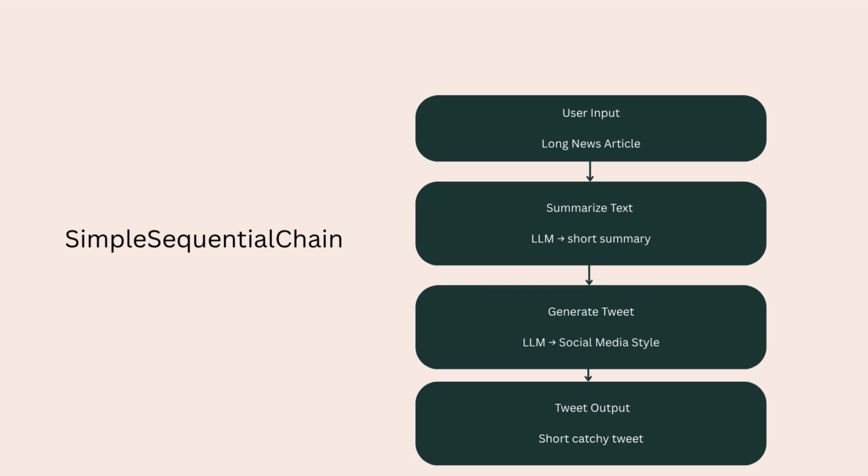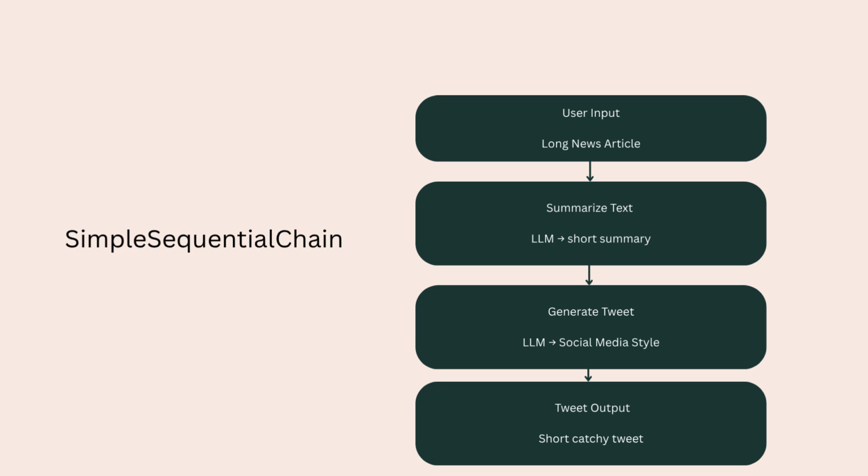The next one is a simple sequential chain. In a simple sequential chain, there are two LLM chains in a fixed sequence where the output from the first becomes the input of the second. So for example, if I want to summarize the text from an article, and after that I want to generate a tweet according to that article, we can use two steps in a simple sequential chain.